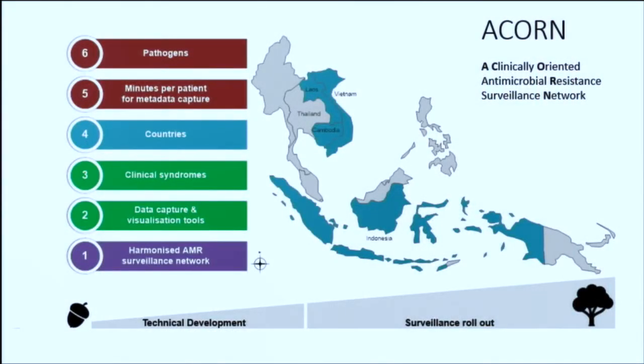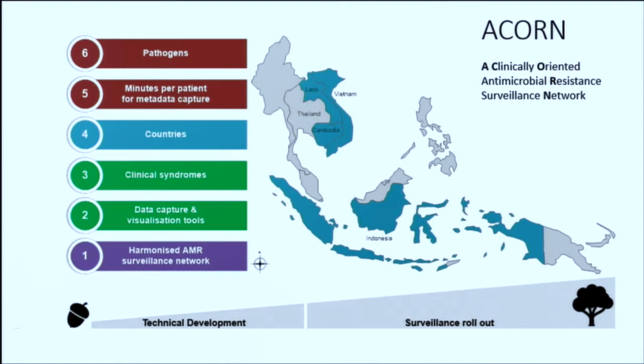Now, in terms of what success might look like, or progress at least, one of the areas that increasingly investigators are thinking about is trying to have a holistic approach to and a clinically orientated approach to surveillance. And this is just one example of several, which is called ACORM.